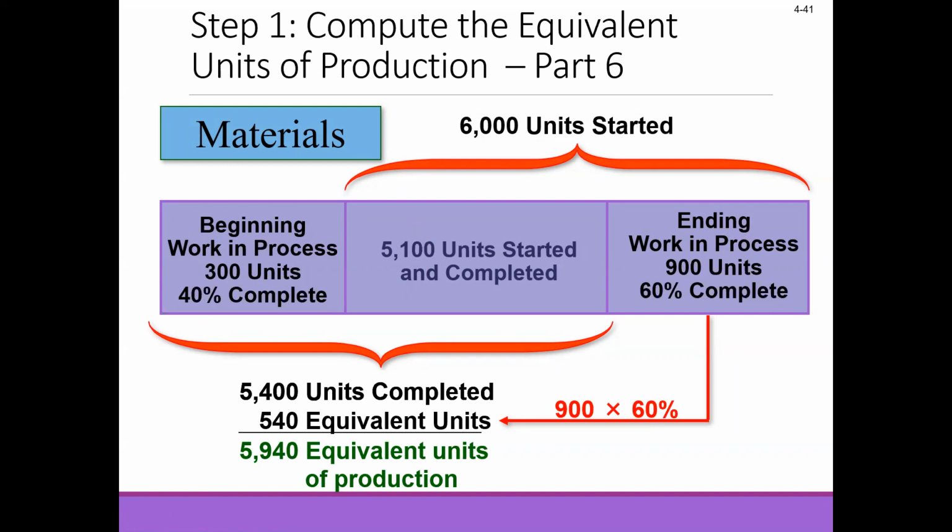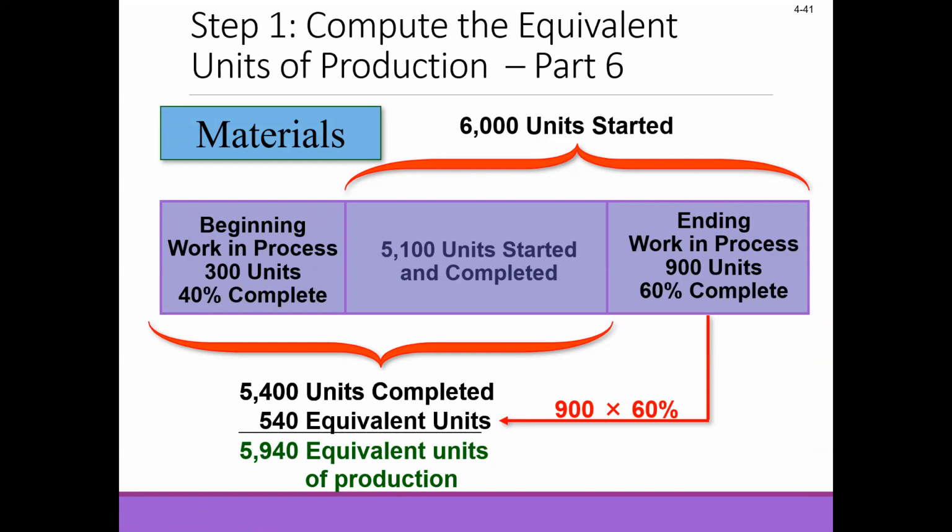The units completed are the 5,100 plus the 300 units, sorry. The equivalent units are the ending work in process here, the 900 units at 60%, which shows us then the equivalent units of production for the month.